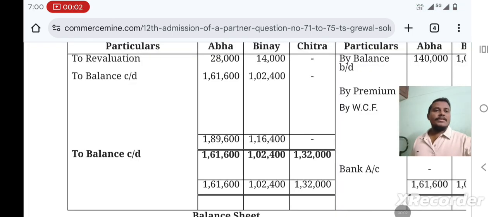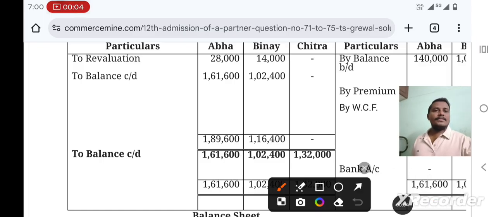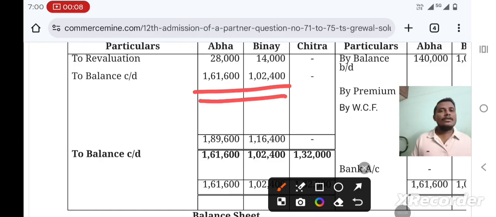So if you see here, the adjusted capital for both the partners adding up to 2,64,000. So 2,64,000 you have to multiply with the new partner share and reciprocal of remaining partner share.